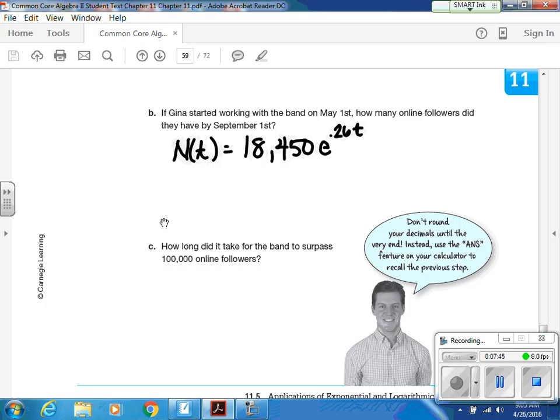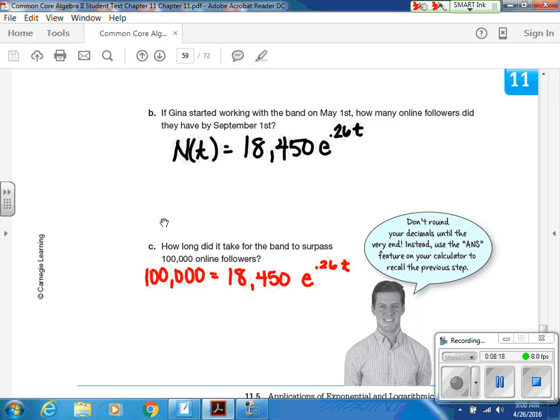Okay, so now I have this number 100,000. And I'm wondering how long it took to get to 100,000. So where does the 100,000 go, and what am I solving for now? Okay, so it goes here. So I'm going to have 100,000 equals 18,450 times e to the 0.26t, right?